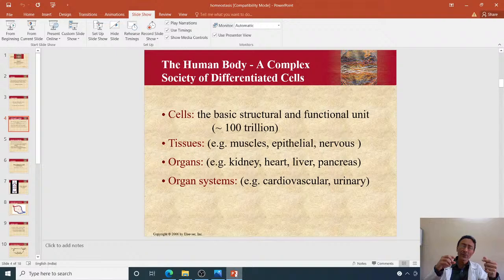And once this is restored, all the other cells are receiving adequate oxygen, and there is adequate breakdown of nutrients, so that energy is generated. So this is nothing but a beautiful example of maintaining a constant internal environment, or homeostasis.